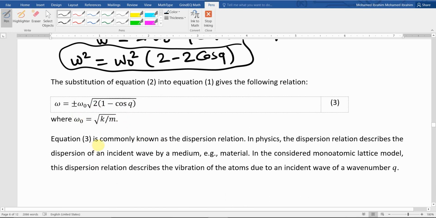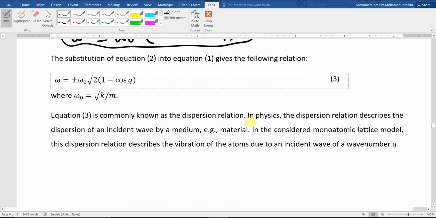So we end up with this equation, commonly known as the dispersion relation. In physics, dispersion describes the dispersion of an incident wave by a medium, like a material. Assume that this lattice is a material and you are subjecting it to a wave. How is this wave going to be dispersed by this material, or in other words, how is it going to propagate through the material?